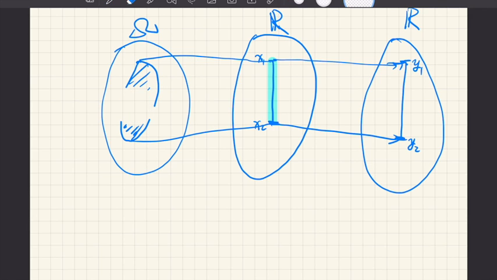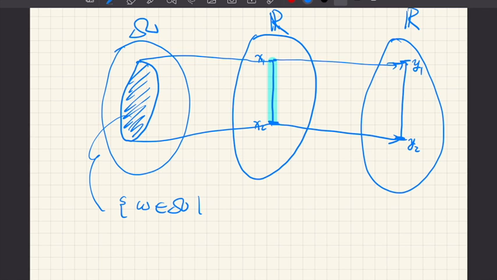So this inverse image is this subset, between this and this. Then now consider, this interval corresponds to this interval here.